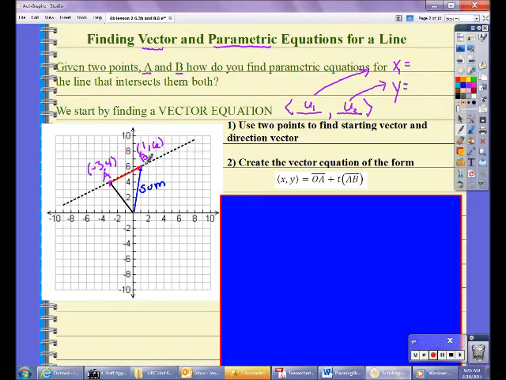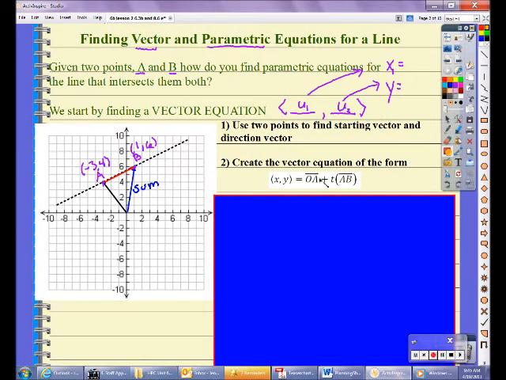But if we want the equation for a line, that just means we need to find all the points on a line. So instead of just doing OA plus AB, we have to do not just one point, but all the points. We need to have a vector maybe going double the length of AB. So we're multiplying by 2.